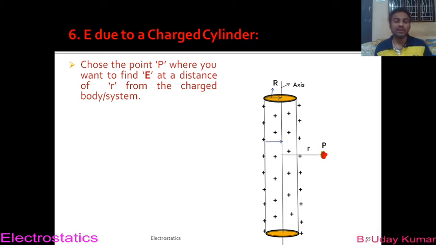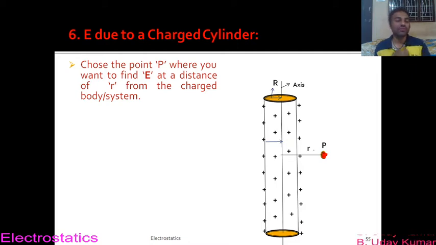Let us assume that the distance of this P from the cylinder is small r. You know how we measure distances: we measure distances from centers. So here small r is the distance between the axis of the cylinder and the point P.